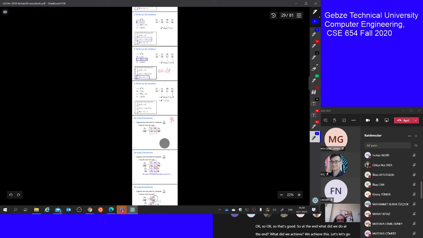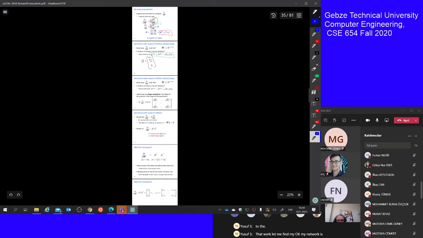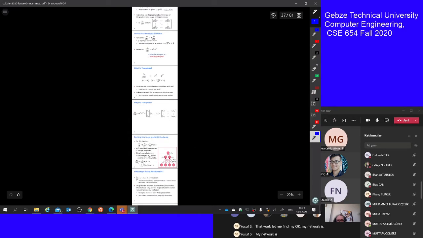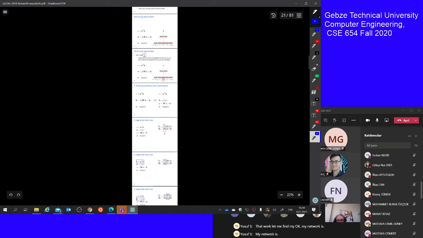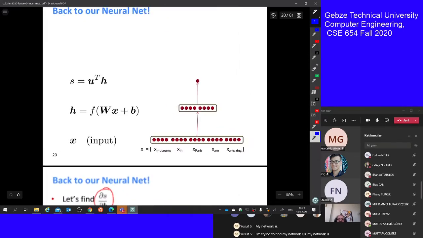Let's go to the network. I'm trying to find my network. Okay, my network is this. It will take an input of 20 numbers that will represent words like museum in Paris are amazing. Of course, obviously a toy problem.